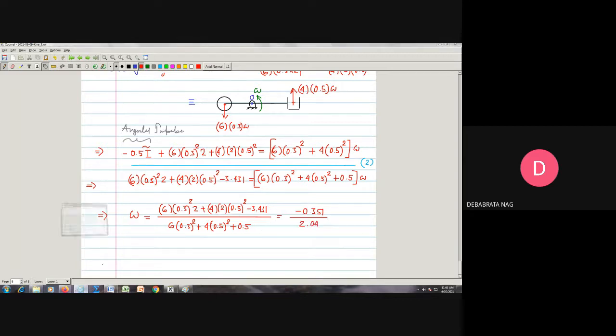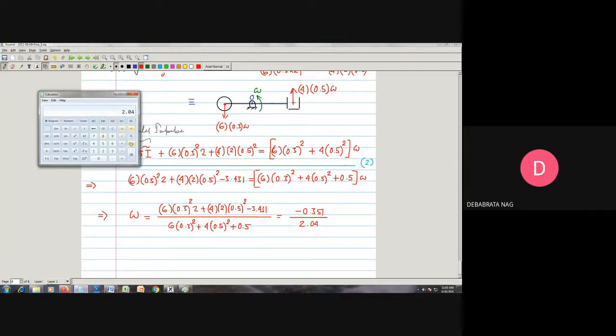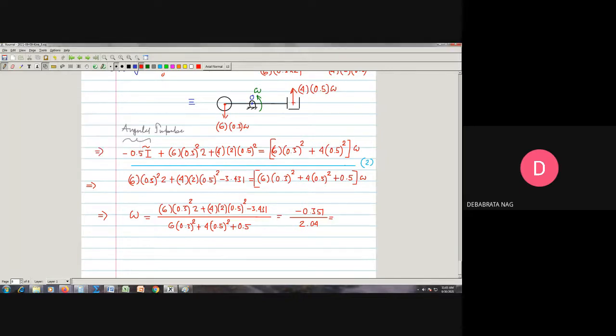So the result will be, again, take the reciprocal, multiply it by 0.351, and it is turning out to be minus 0.1721 radian per second.